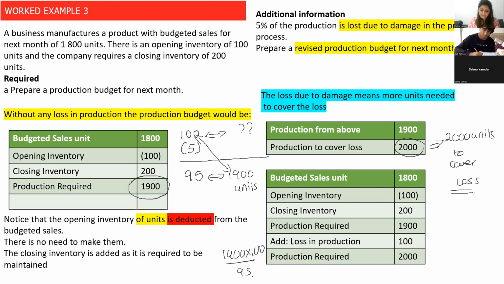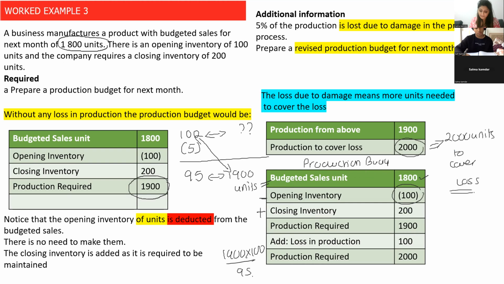Now, when you're making the production budget, you will first start with what? Budgeted sales units, which is 1,800. Then you will minus the opening inventory, which is 100. You will add the closing inventory, which is 200.